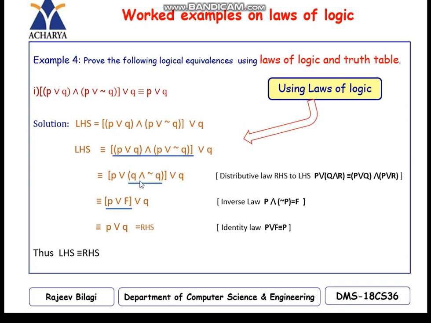If you look at the laws of logic, Q and the negation of Q always gives you F. So for Q ∧ ¬Q I will write F. So I am getting P ∨ F, then ∨ Q. One more rule says that P ∨ F is P; it is another identity law.